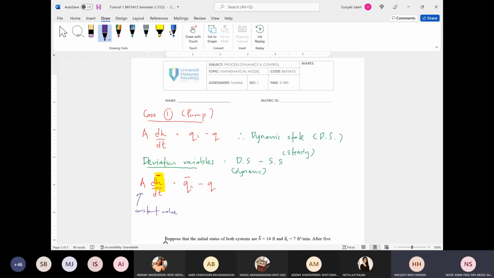H, the level, is going to change. That's why you put the initial condition as H bar. For A, you don't need to do that because it's a constant value. So when a variable has a constant value, it remains the same, and you don't need to put the bar to indicate it as the initial value. How about Q?